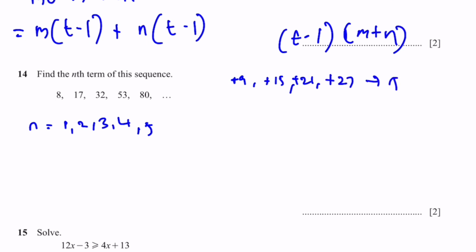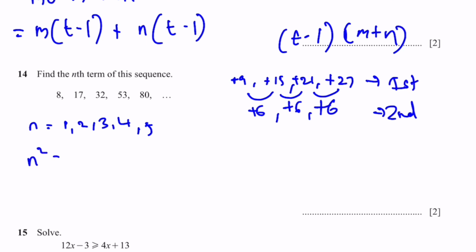So these are the first differences. What about the second differences? It will be plus 6, plus 6, plus 6, going like this. So the second difference is the same. Therefore, we can take n to the power of 2, n squared. It's equal to 1, 4, 9, 16, 25, and it goes on.